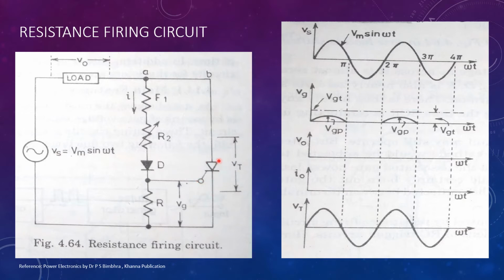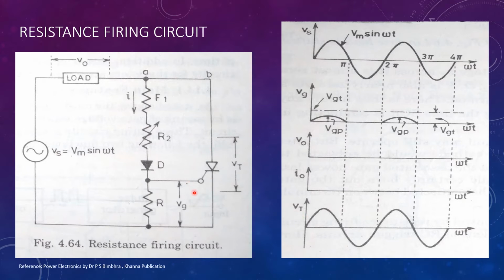Since the thyristor acts like an open switch, it will block the entire source voltage and the source voltage will appear across the thyristor. Vt is the thyristor voltage.